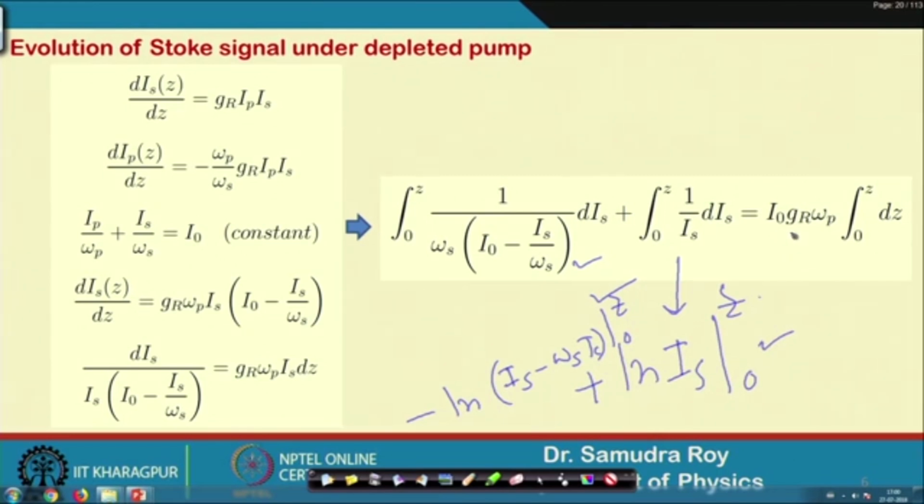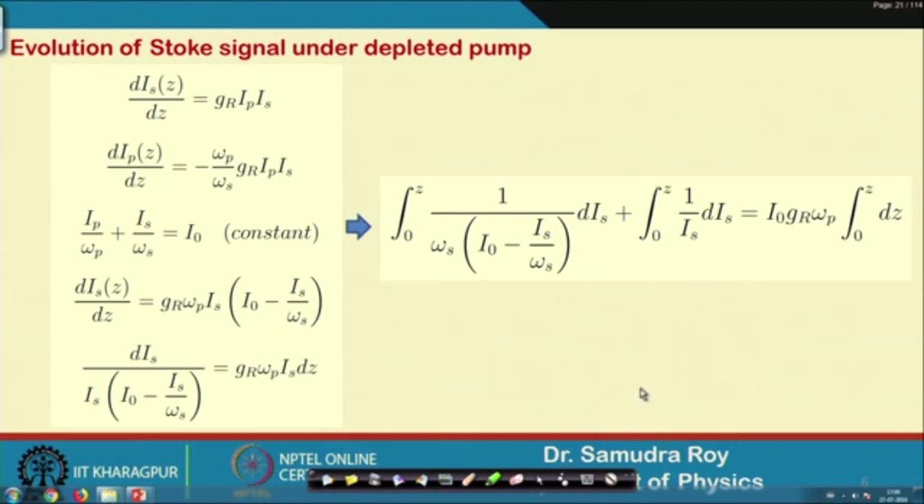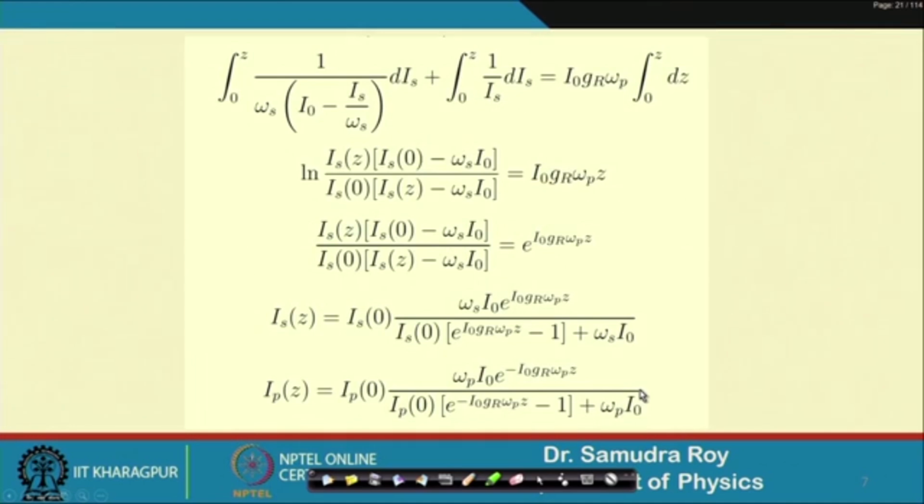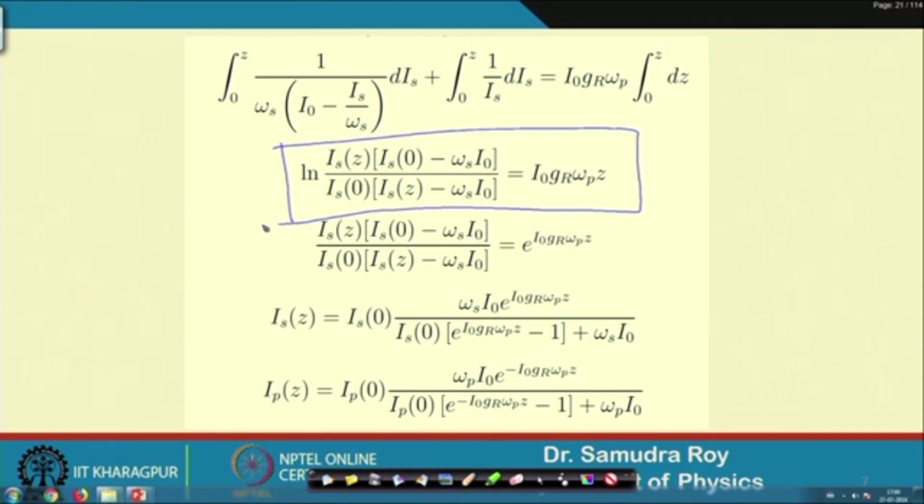On the right hand side it will be I 0 omega p multiplied by z. We can integrate these two things quickly, and if I combine these two together, we have an expression something like this. Integrate this, combine these two, and you will readily get this expression. The next thing is to write this equation in the form I s of z is equal to some function of z.